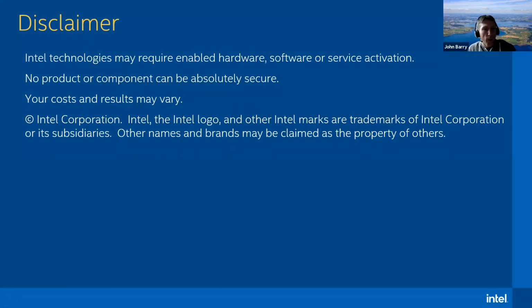There are the usual legal disclaimers. The information here is as accurate as I'm aware of it, but things constantly change. This isn't intended to infer anything about any particular products or future roadmaps of Intel products. There are also some legal restrictions in terms of the specifics of some vulnerabilities that we can talk about.